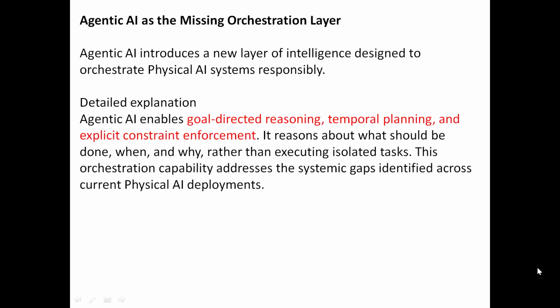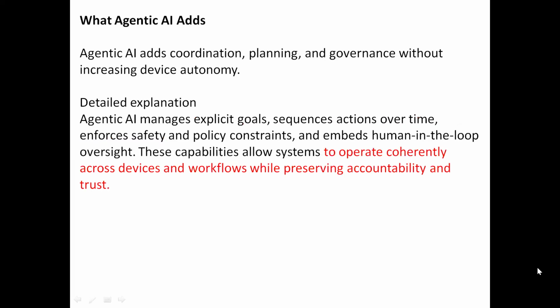Agentic AI is the missing orchestration layer. It introduces a new layer of intelligence designed to orchestrate physical AI systems responsibly, with goal-directed reasoning, temporal planning, and explicit constraint enforcement. So it adds coordination, planning, and governance, to operate coherently across devices and workflows while preserving accountability and trust.